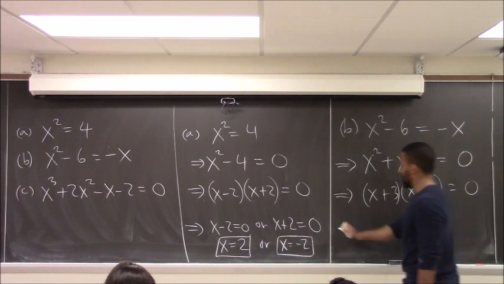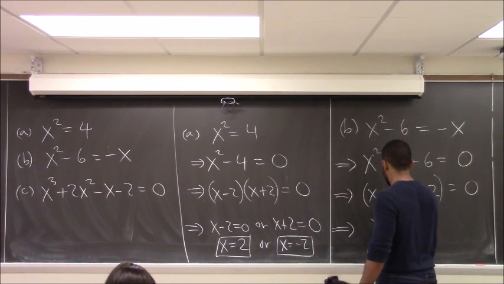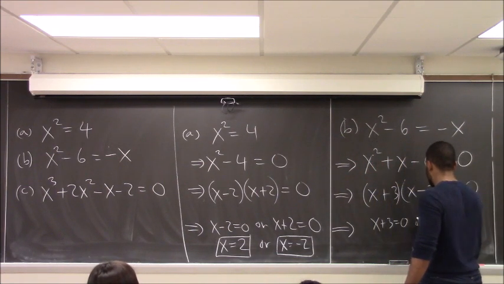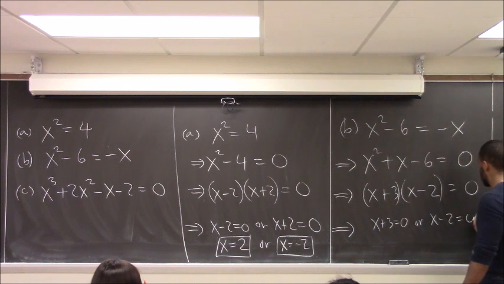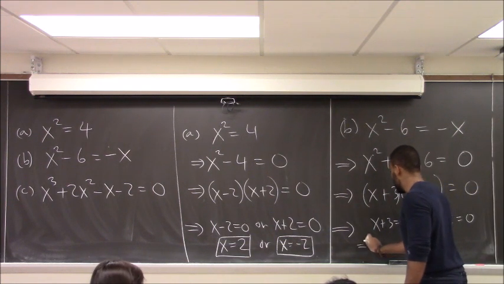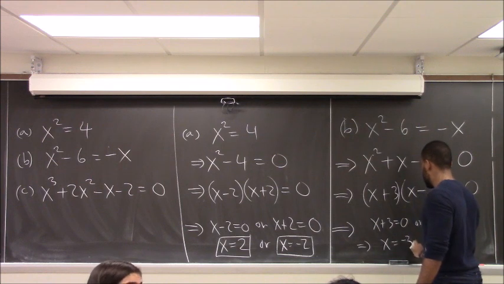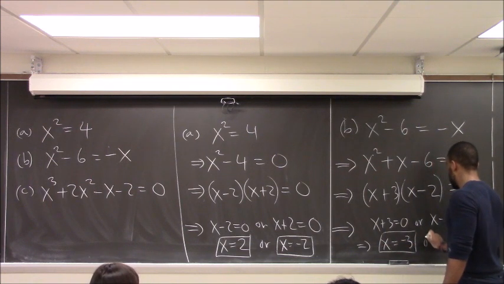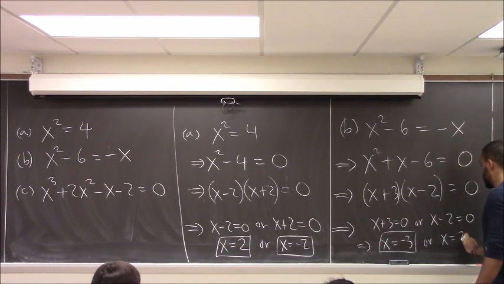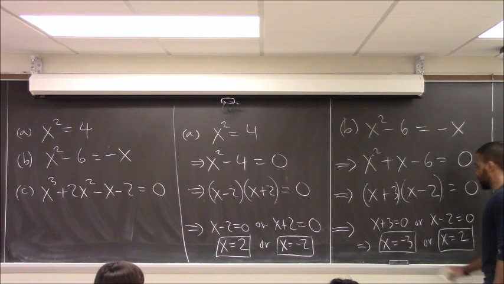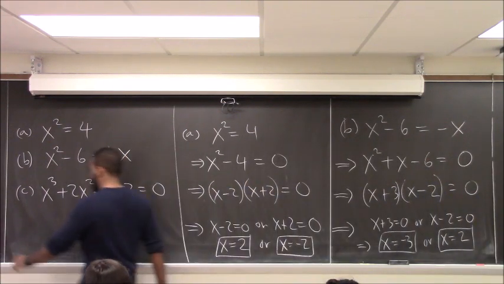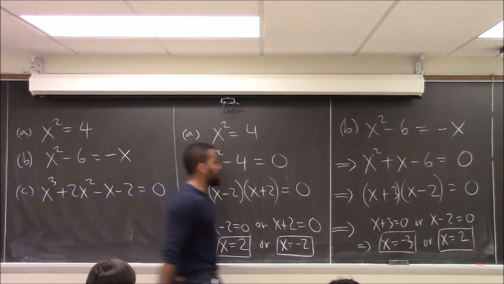And then you apply the zero factor property. So this is x plus 3 equals 0, or x minus 2 equals 0. And so that means your x equals minus 3, or your x equals 2. And you can, again, just see the strategy at play here.